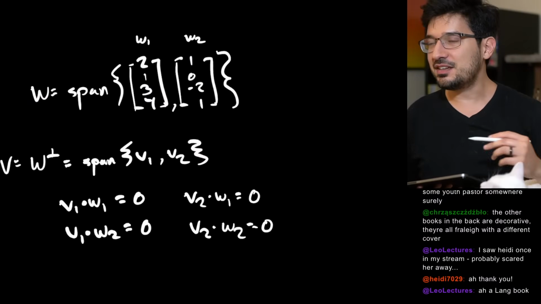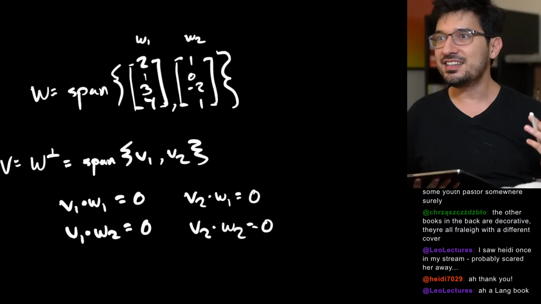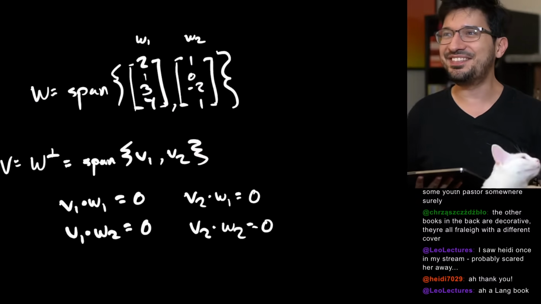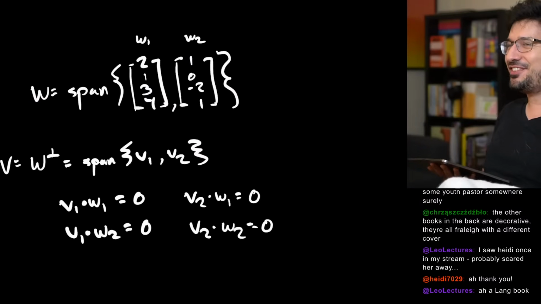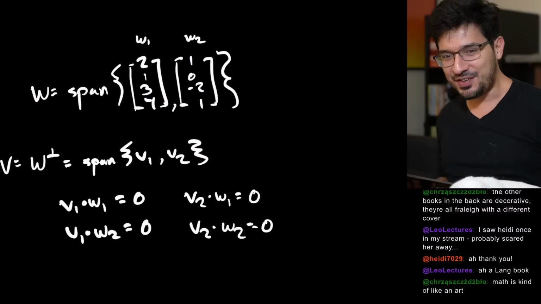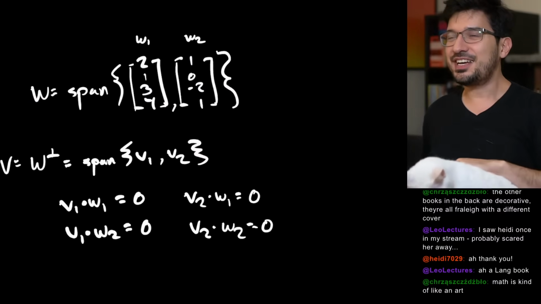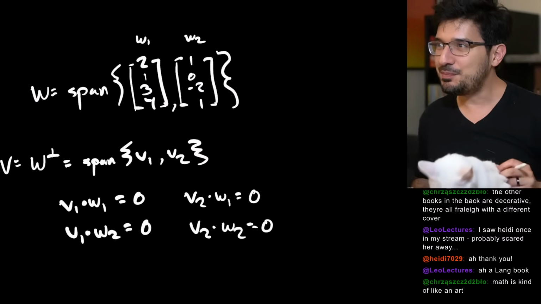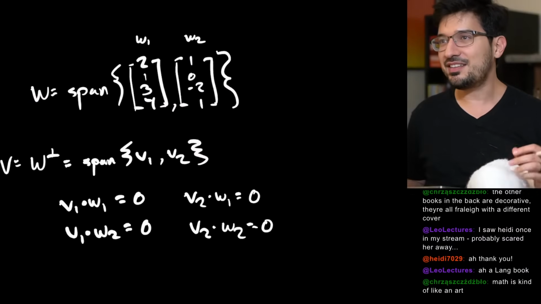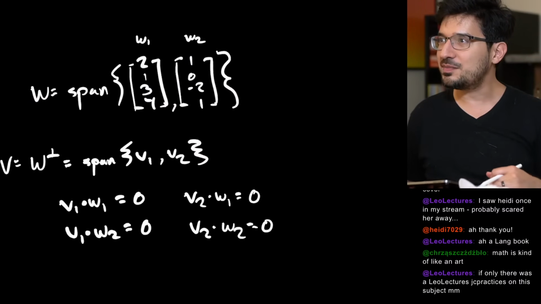Math is kind of like an art. It is literally an art, dude. The other books in the back are decorative. They're all Fraleigh with different covers. Yes, that's true. Fraleigh is the only book that I have ever read in my entire life. In fact, I did all of my book reports in English class on Fraleigh. If only there was a Leo Lectures JC Practices on this subject.